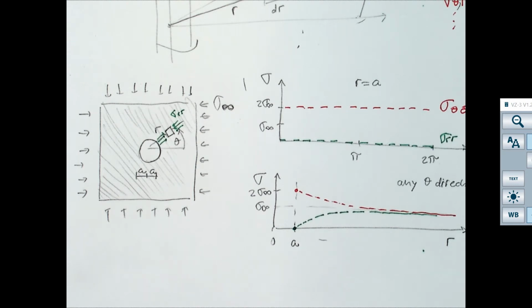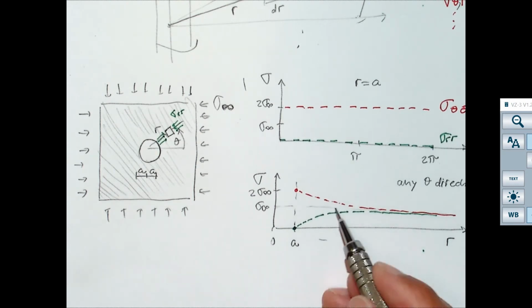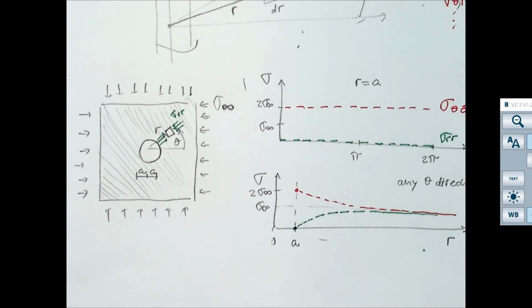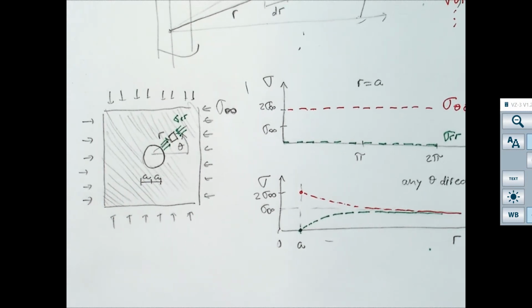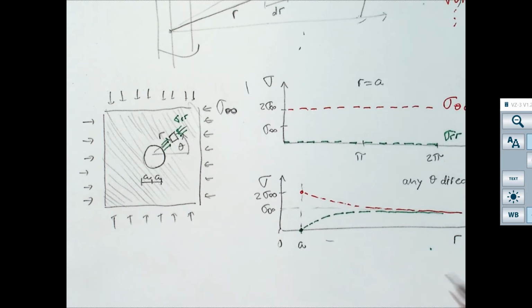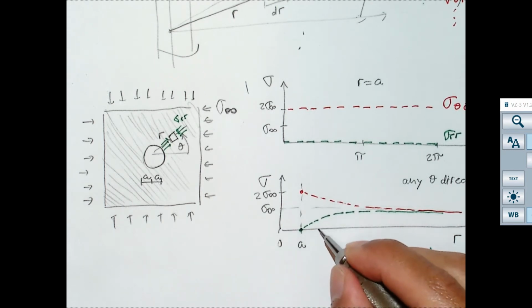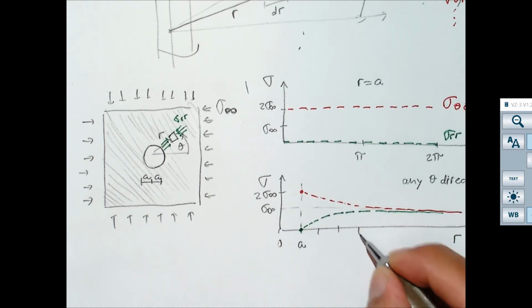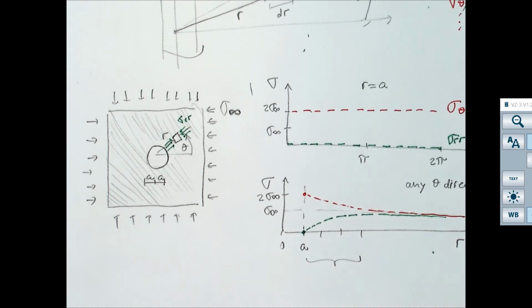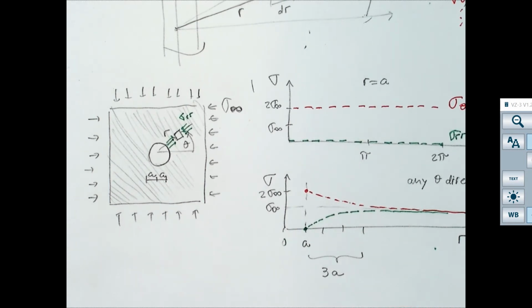And something very important to remember here is that the modification of stress around the wellbore is not going to go infinitely far away from the wellbore. Actually, the modification of stress is going to be very limited. The alteration of stresses goes for more or less 3 to 4 radii of the wellbore.